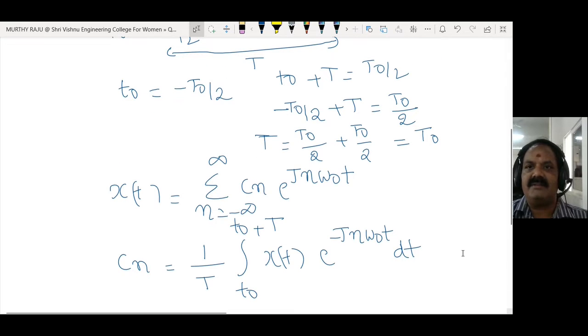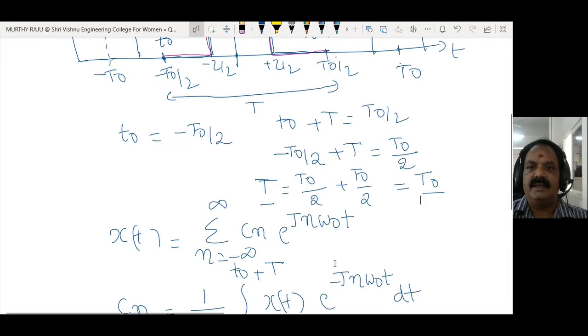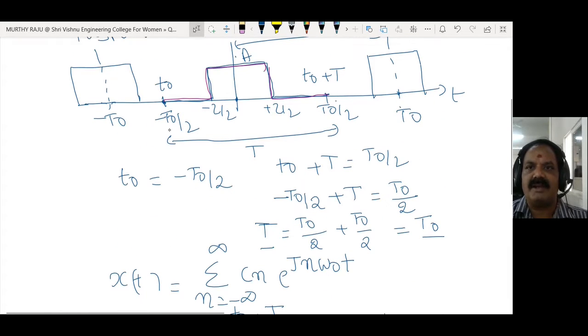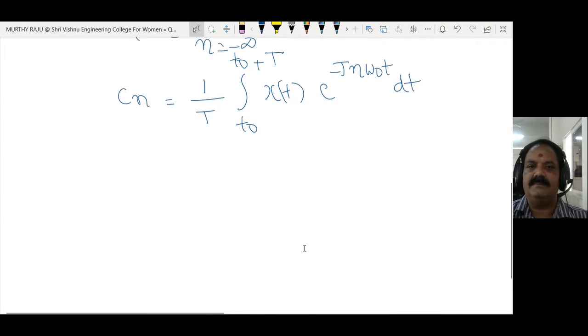Here T is the time period of the waveform, T is equal to T0. Here small t0 is minus T0 by 2, and small t0 plus capital T is T0 by 2. These are the limits I have to consider.